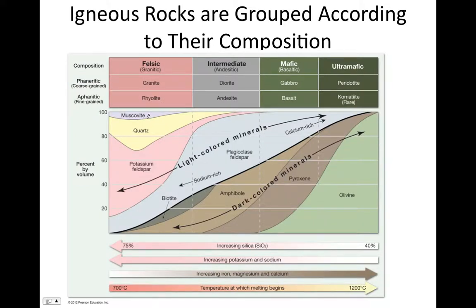Sorry for that little interlude. So for felsic igneous rocks, you can see in this chart, in the column on the far left, we have the different minerals, and on the y-axis, on the left-hand side, we have the percent by volume of different minerals that make up a felsic igneous rock. Any rock that falls within this column is felsic, and at minimum, they have about 25 to 30% dark ferromagnesian silicates.